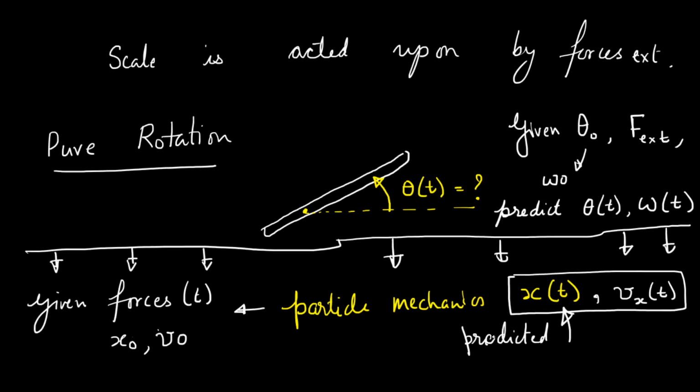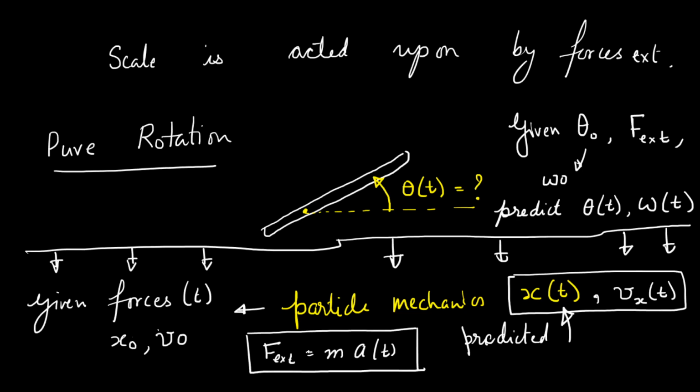So I just want to quickly remind you that here the key role of giving us the answer was force external for a particle is equal to mass into acceleration at any instant of time. Okay, force at any instant of time.